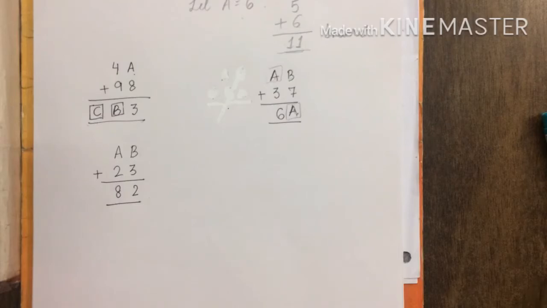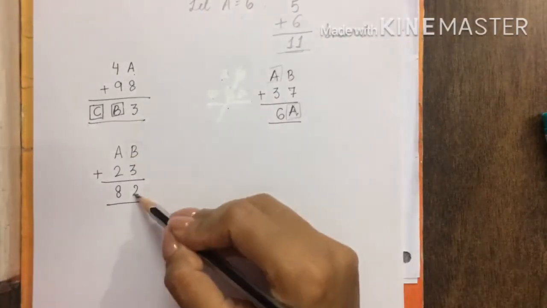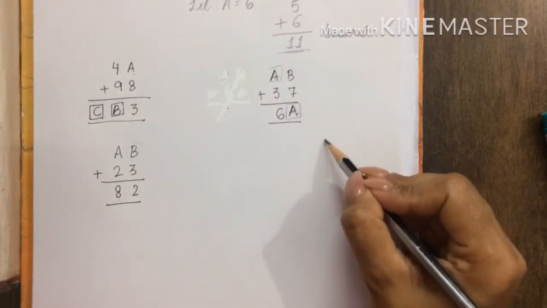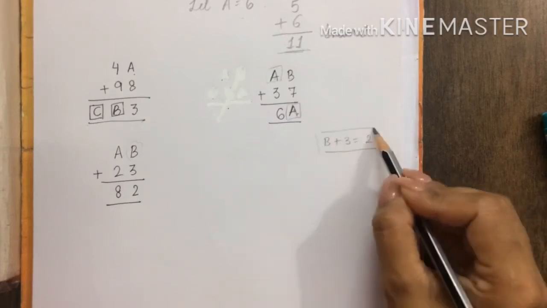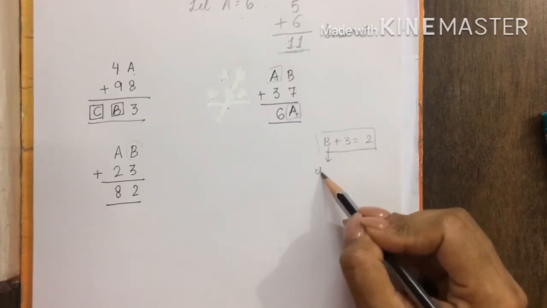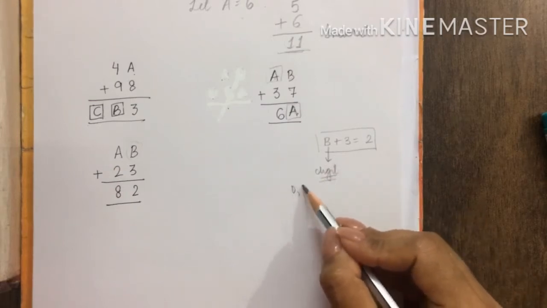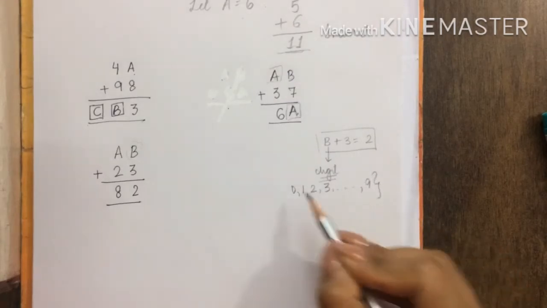Now if I look at the ones place, I have a digit B added with 3 and the total comes out to be 2. Now if I had to write it this way, this does not make sense because B is a digit. Since B is a digit, I could use the values 0, 1, 2, 3, and so on up to 9.